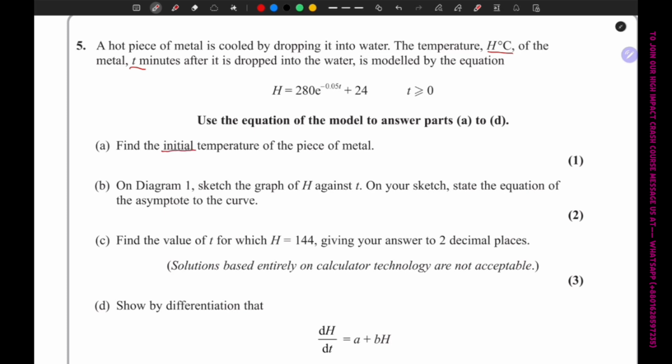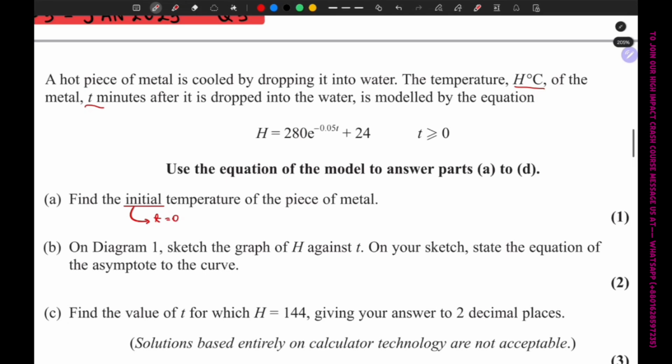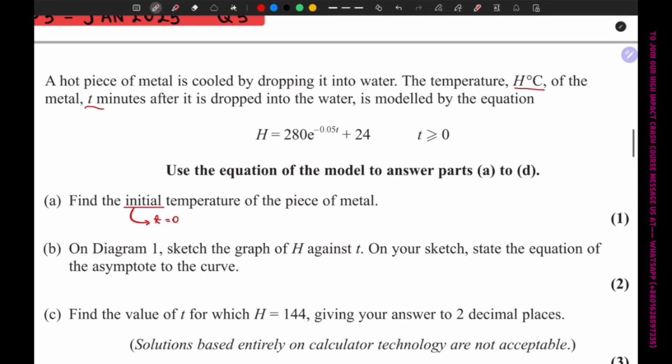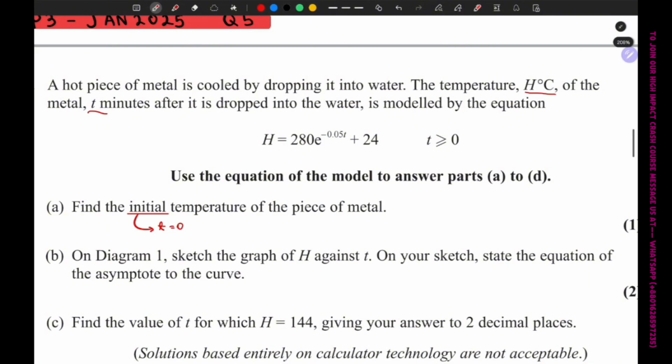Initial actually means the value of T is 0. If the value of T is 0, we will get the initial temperature of the piece of metal.